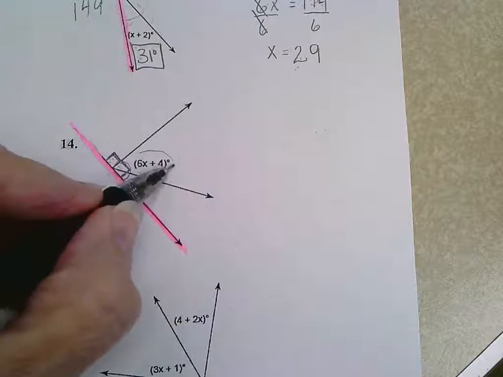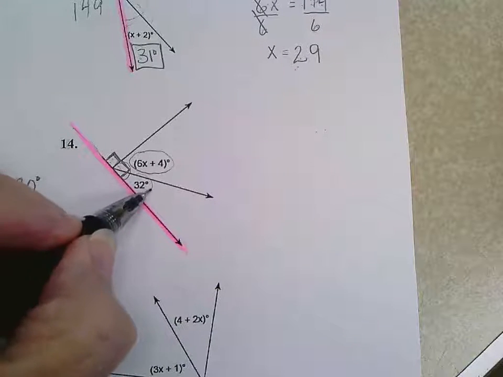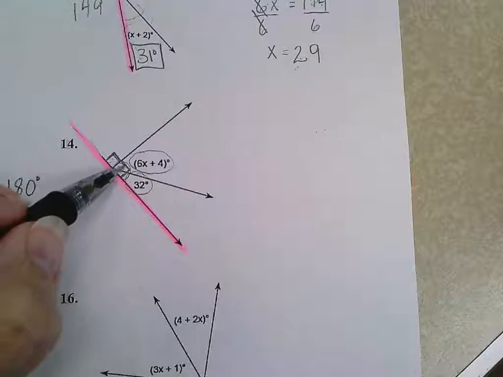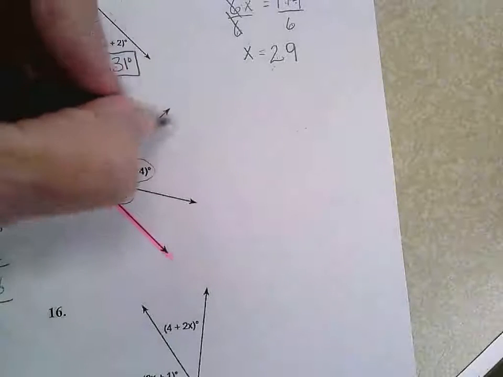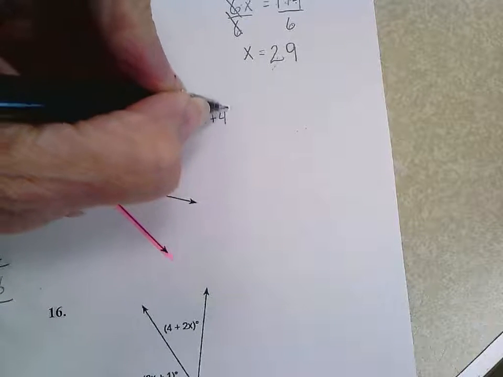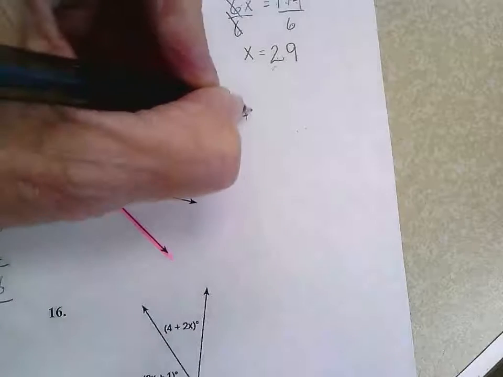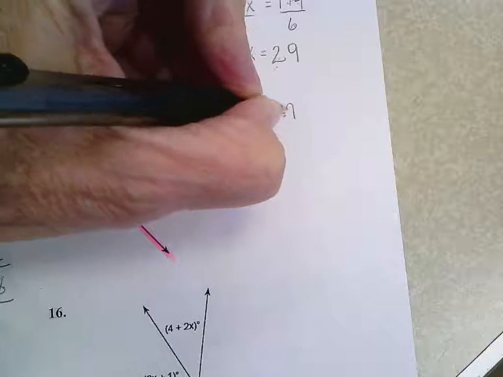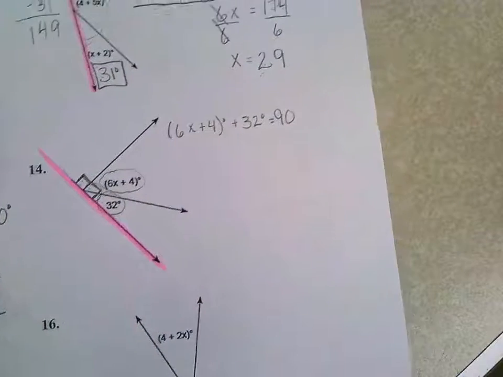So that means that this expression and this expression, when added together, have to equal 90 degrees. So I'm going to write those two expressions and set them equal to 90 degrees.